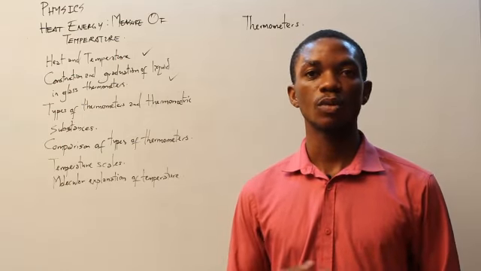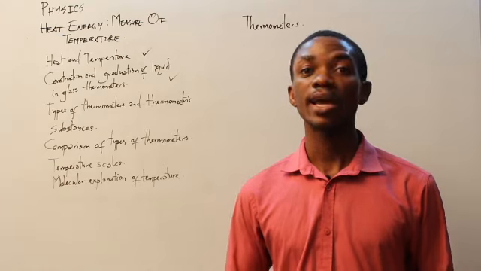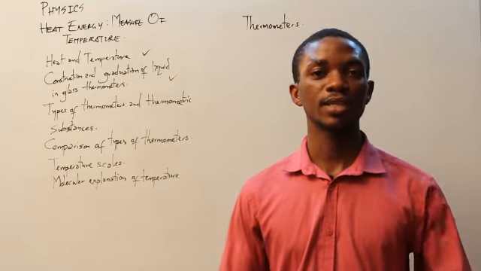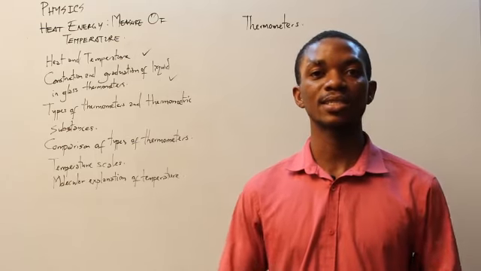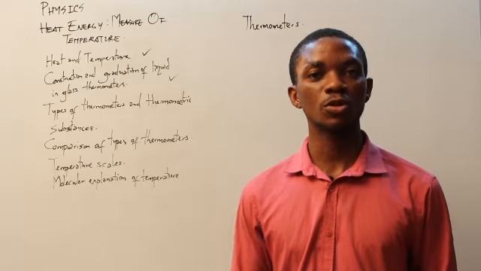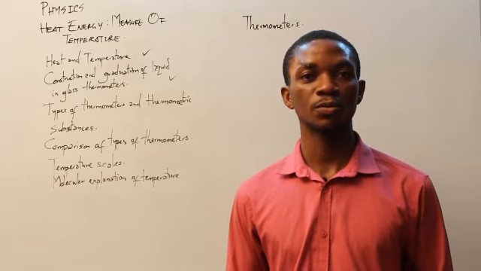That is how we pick thermometric substances. Anything can be used to make a thermometer. I can decide that I want to make a thermometer that has just water inside it. But there are certain features that I must also put into consideration.